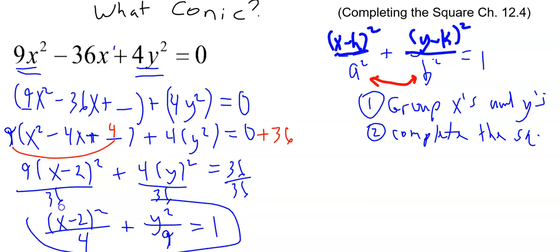So we have our equation of our ellipse. And you want to get it into the right form here. This is definitely an ellipse. In fact, I would go this far. This is definitely a vertical ellipse because the larger value for A is underneath the y term, which is vertical.